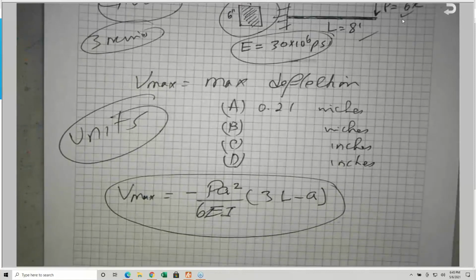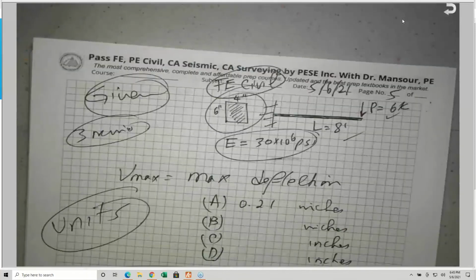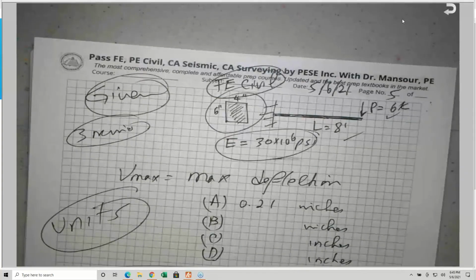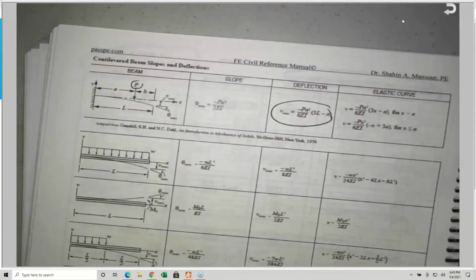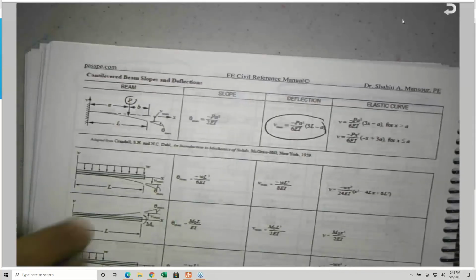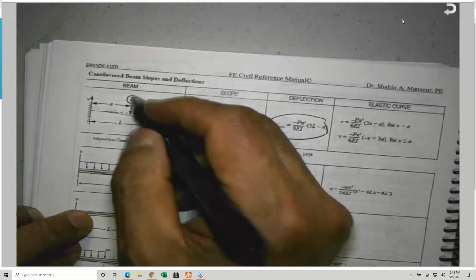But first of all, you need to match the given case with one of those cases given in the NCEES. You will not find one. But they give us the general case, which is the equation here.